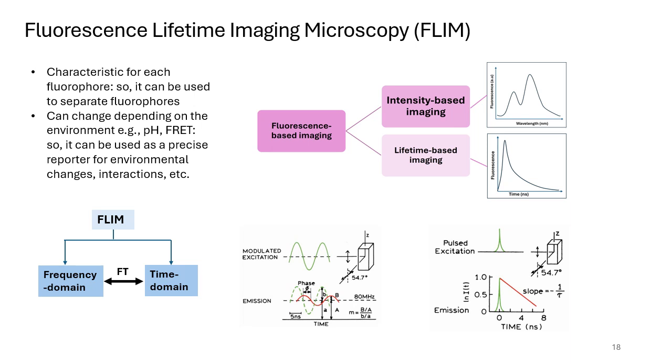And in a conventional fluorescence microscope, the emission intensity of a specimen is integrated over time to create an intensity based image of the sample, whereas in FLIM the decay is used to construct the image.